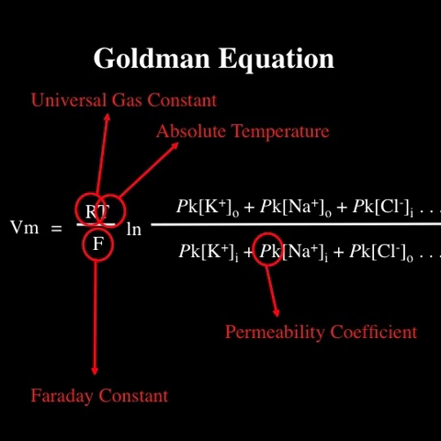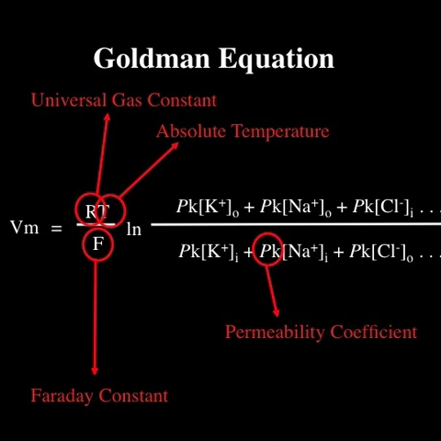This is the business end of the Goldman equation. And what we're looking at here is the relative concentration of the electrically active ions outside and inside the cell. So you can see that the first term we've got is the ratio of potassium ion concentration outside the cell to inside the cell.